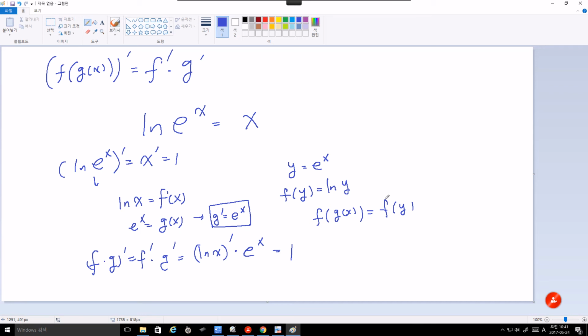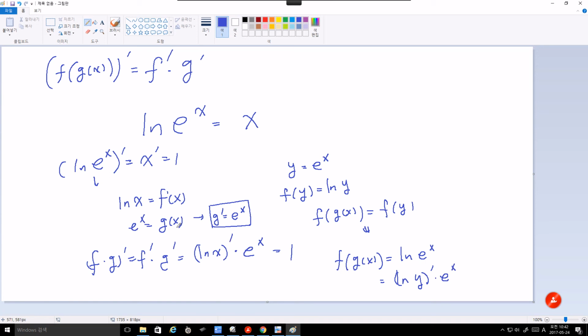Again, f(g(x)) equals ln e^x, and if we take the derivative, because e^x is y, we have a derivative over here and e^x, right?